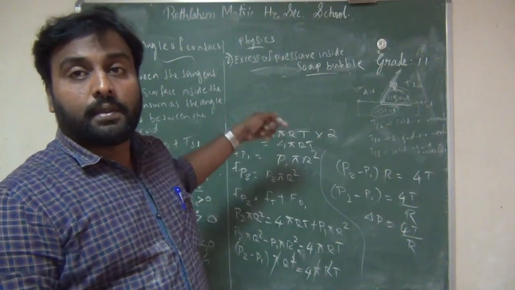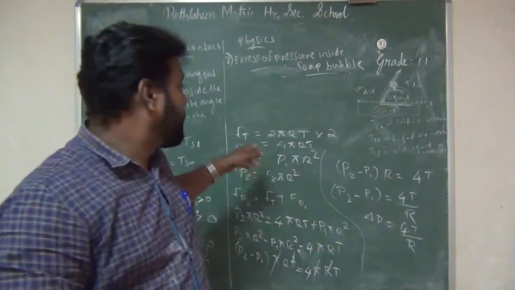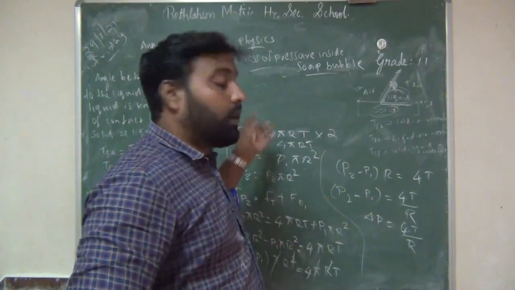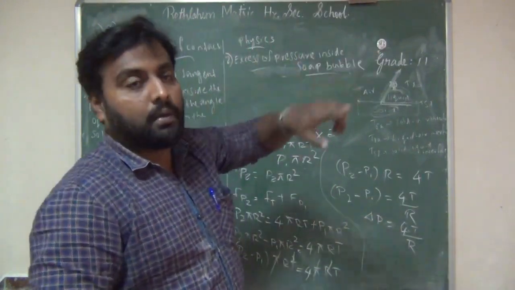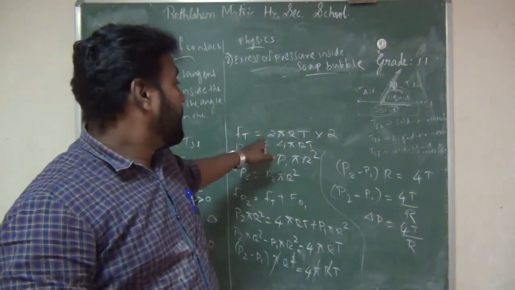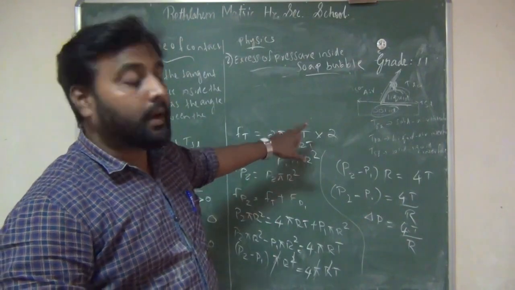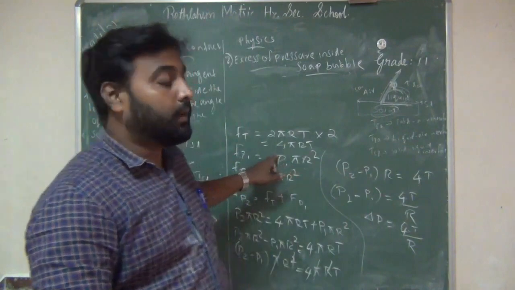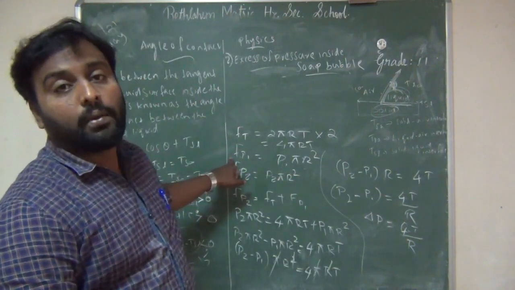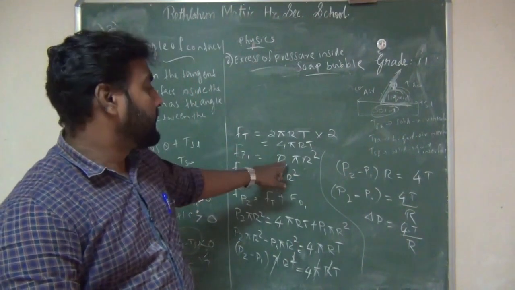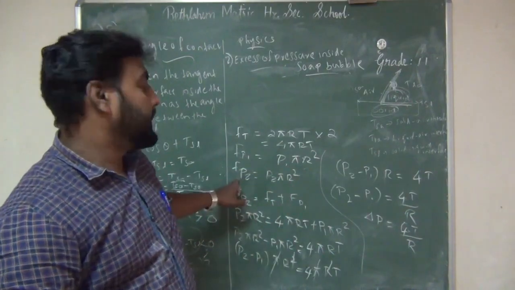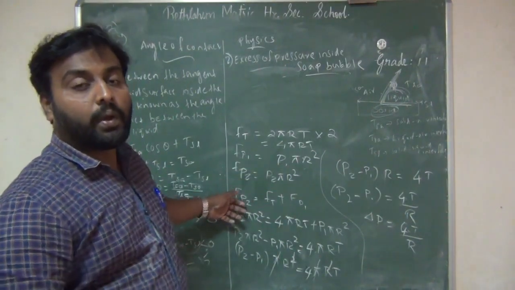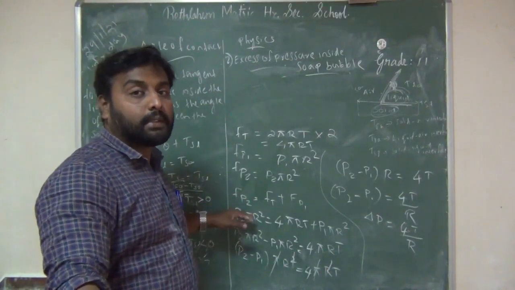So the force acting on the tangent, or you can say the rim of length 2 pi RT, and there are two surfaces, so into 2 you have to take, so 4 pi RT we will get. The outside pressure P1 acts on pi r square, the inside pressure P2 on pi r square, and the same thing we are doing, to find the excess pressure.